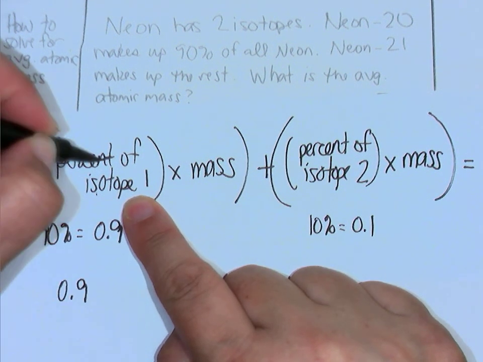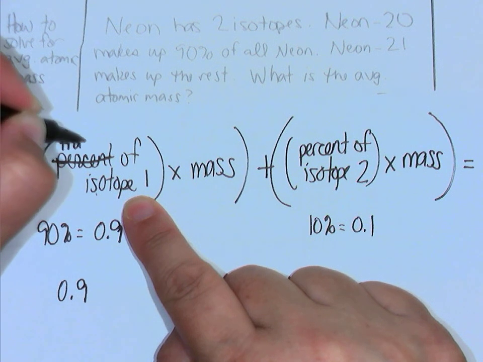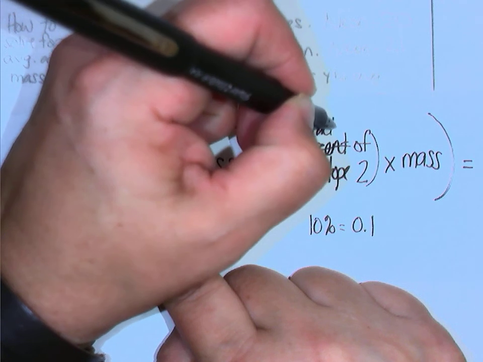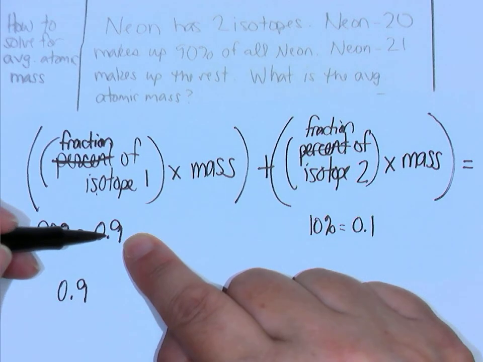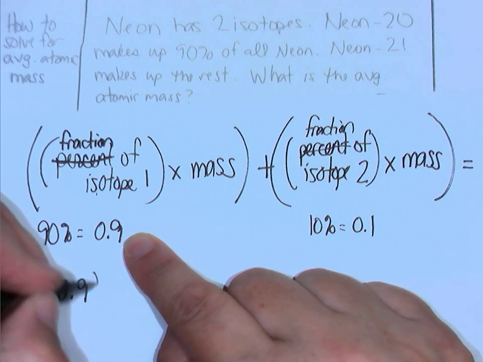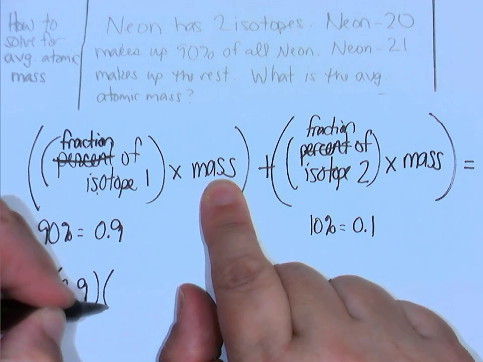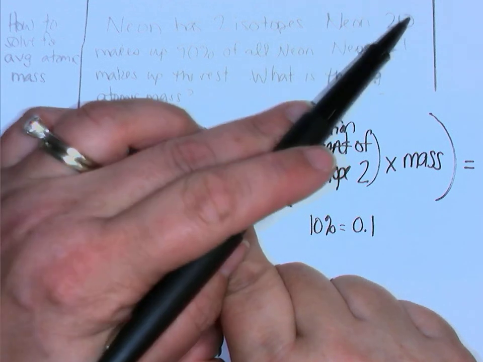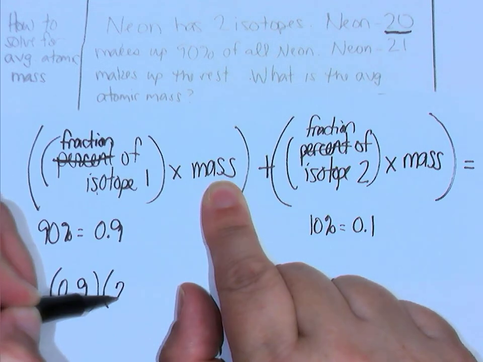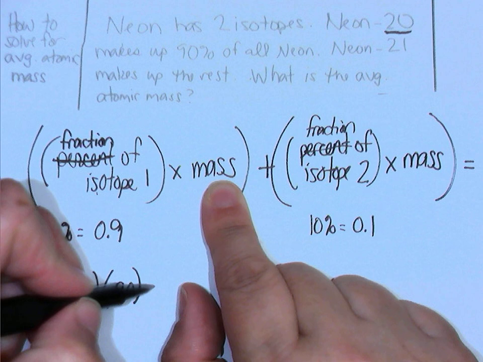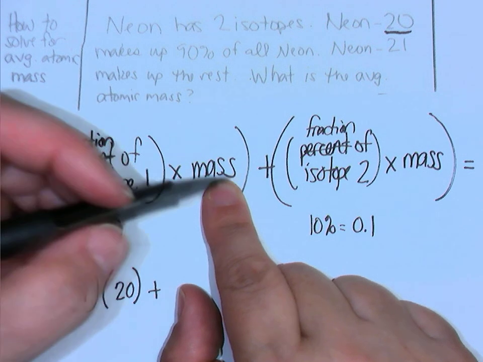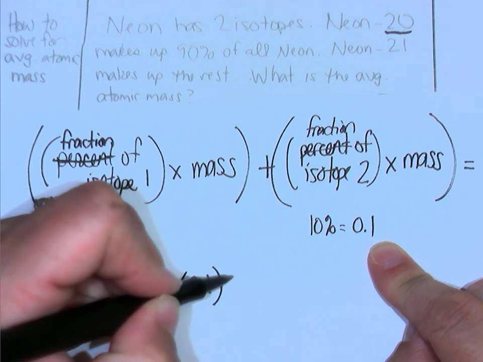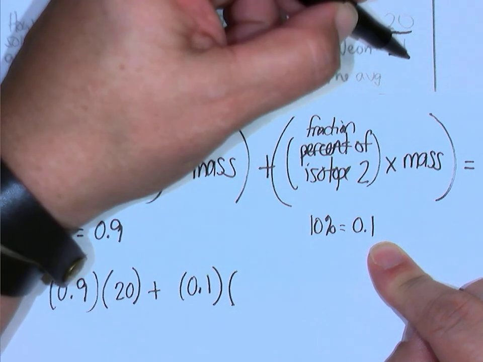So actually, let's change this word to fraction, right? So 9/10 of it is going to be isotope 1 times its mass. And we set up here that neon 20 makes up 90%, so 20 is its mass. Plus 10%, which is 1/10, times its mass, which is 21.